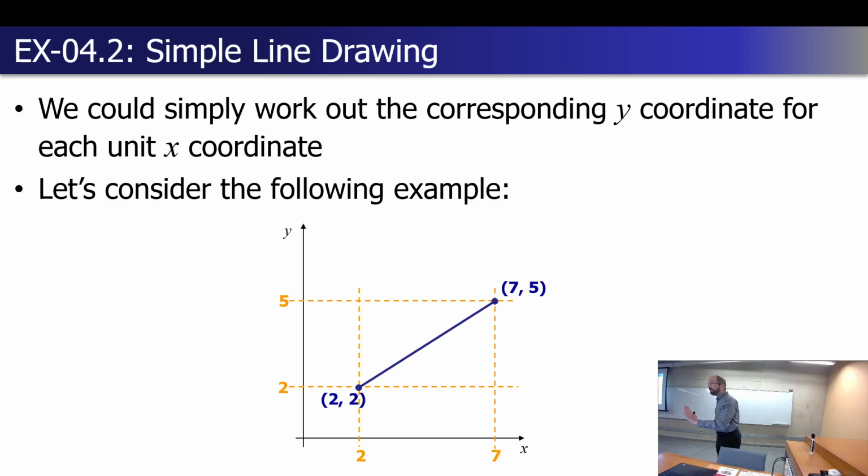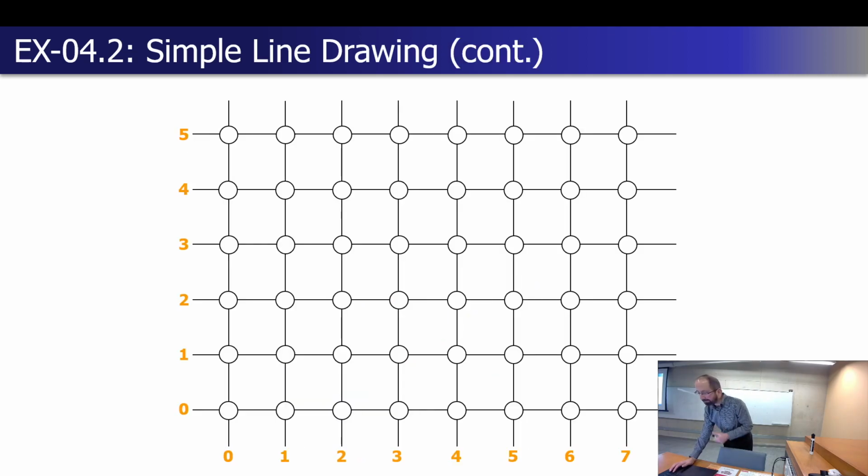So given the slope-intercept form for an equation for a line, one way we could do this rasterization would be to calculate m, calculate b, then take every value of x and plug it into that equation. If you were in fourth grade or something, and you were asked to draw something on a sheet of graph paper, that's some type of approach you would basically take, right?